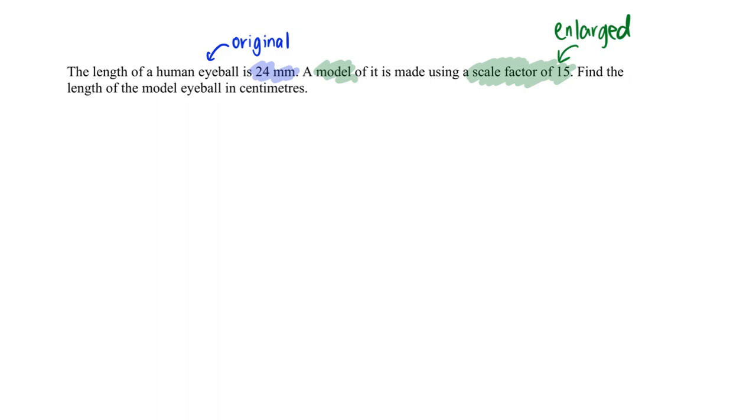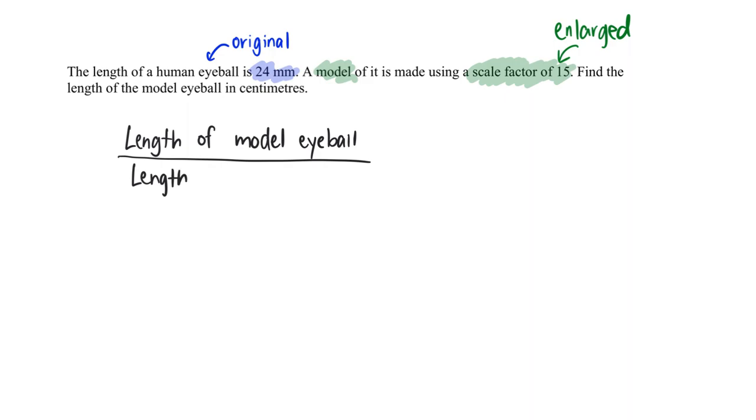So all we have to do, given that we already know that the scale factor is equal to the length of the model over the length of the human, that means the length of model eyeball in this case over the length of the human, the actual one, the original one, eyeball, is equals to the scale factor.